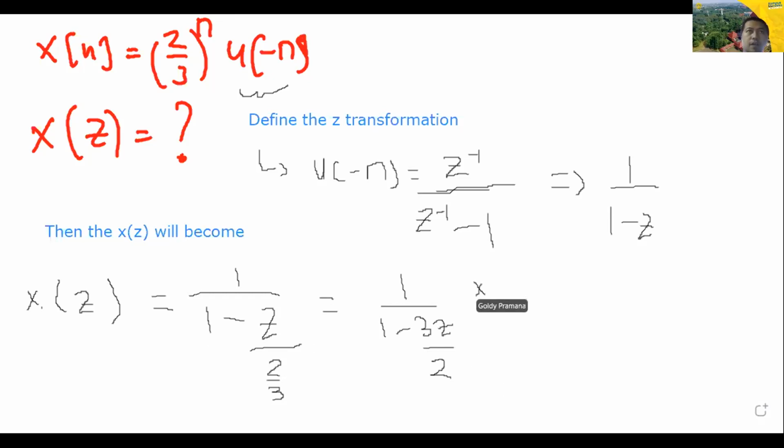And please define the ROC as well, yeah? ROC, region of convergence.